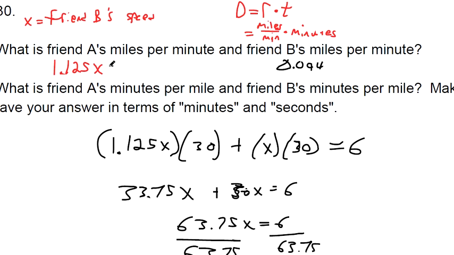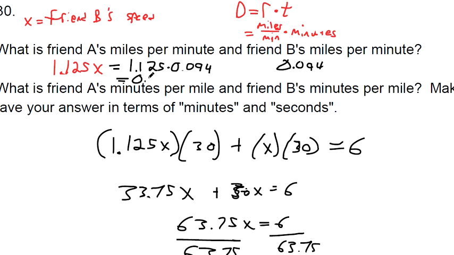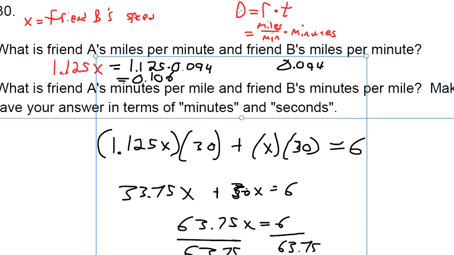And then friend A's speed is just going to be 1.125 times friend B's speed. So 0.106 roughly. That's friend A's miles per minute.